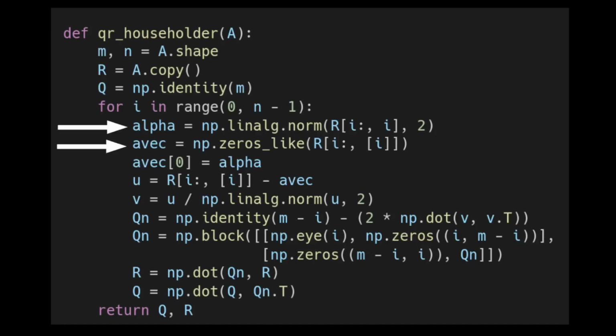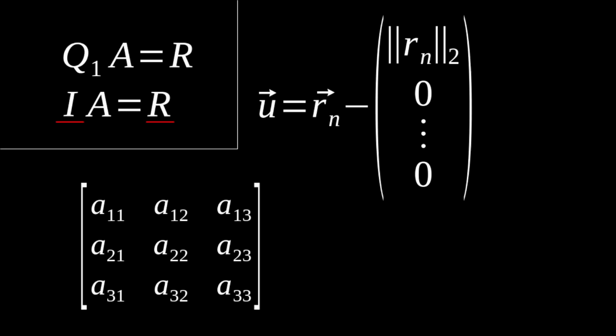But then we have these 4 lines right here. Now, what are all these 4 lines doing? Well, let's translate that to the mathematics, and it might make a little bit more sense. What we're doing is we're establishing this U vector right here. And we're doing that with different vectors of our R matrix, which in this case is really just our A matrix.